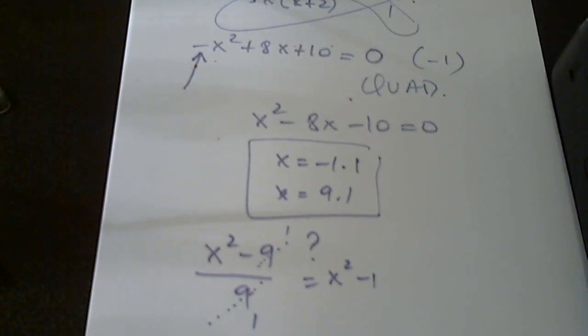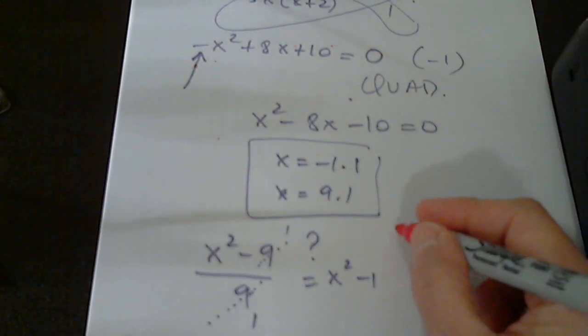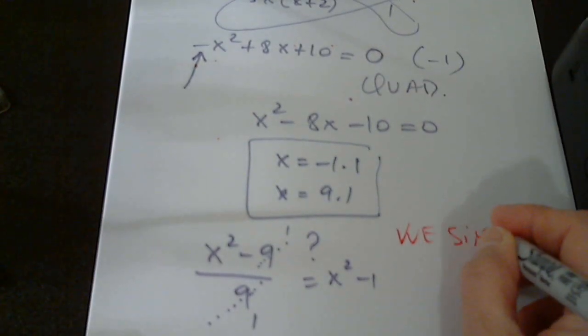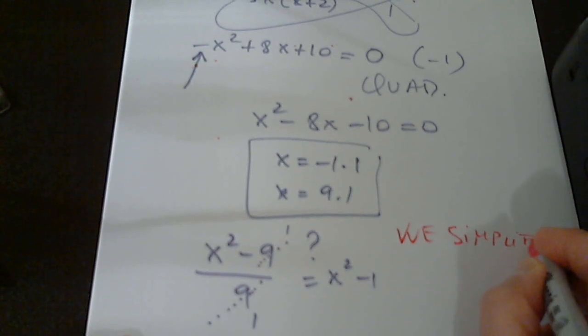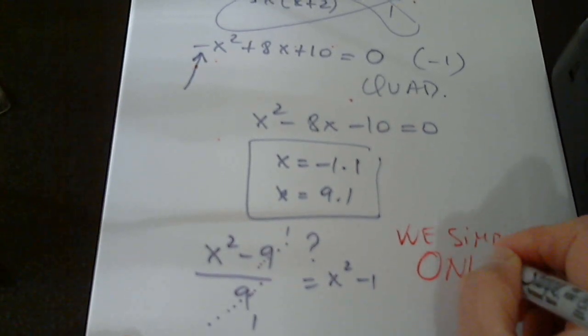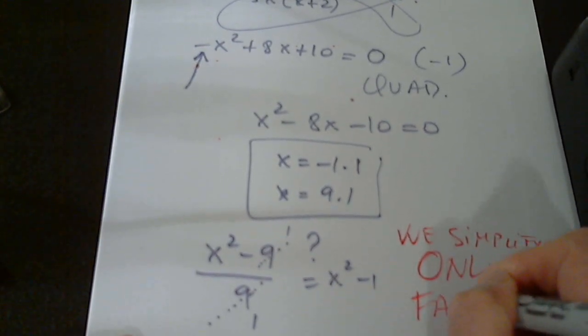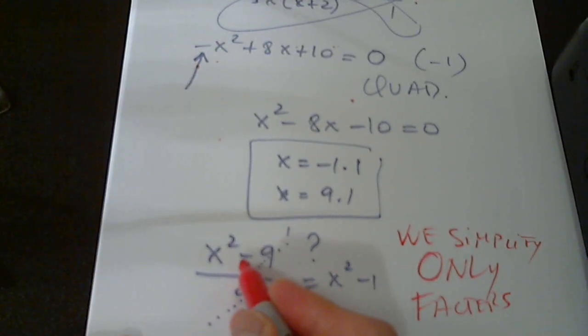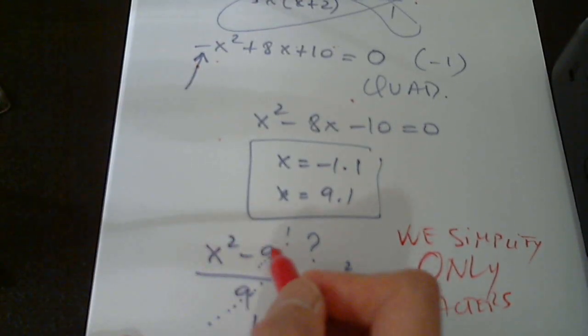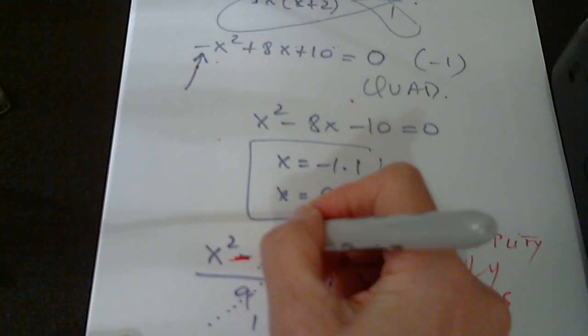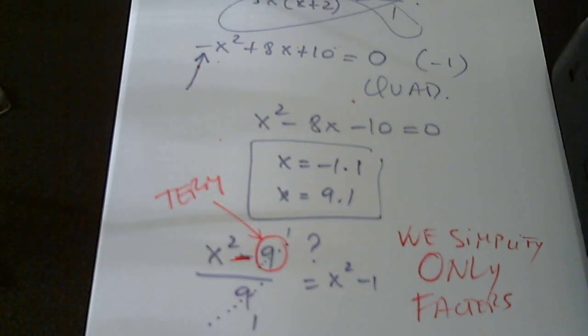Yes. So remember what we said. We simplify only factors. This is not multiplied by something else. It's subtracted. Because it's subtracted, this is not a factor, but it's a term. For that reason, we can never simplify.